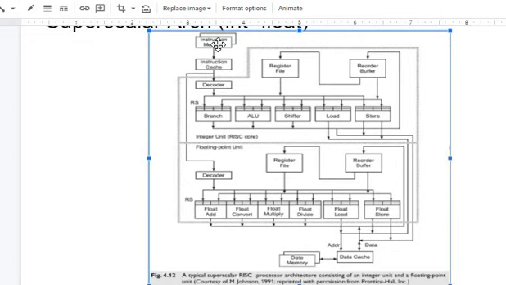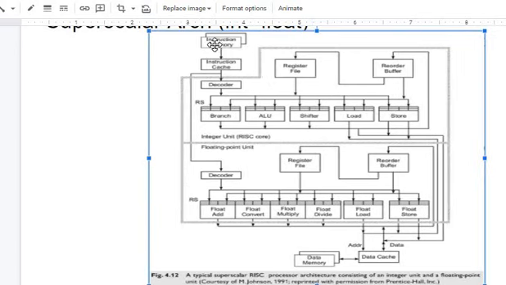Instruction memory. The instruction memory is where we have a group of instructions stored.